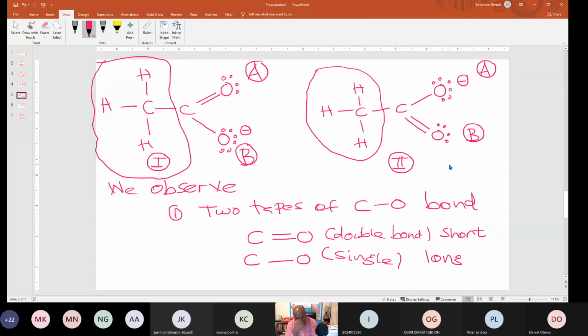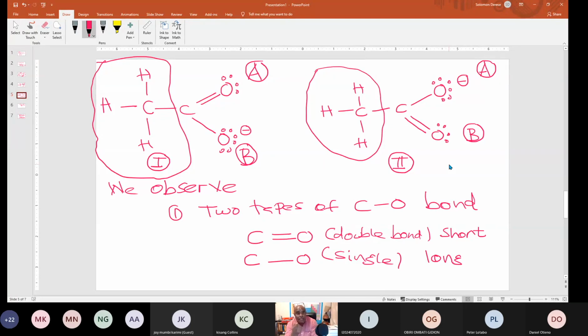So one of the things I want you to understand first and agree with me is that if the structure of the acetate ion is either 1 or 2, the experimental facts should tell us one of the carbon-oxygen bonds is a double bond, short and strong.